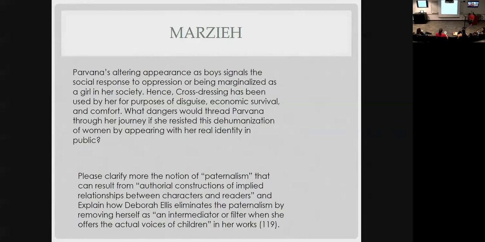But in the case of Parvana, now that she looks like a boy, it is dangerous because the Taliban may conscript him. Yeah, of course, conscript.